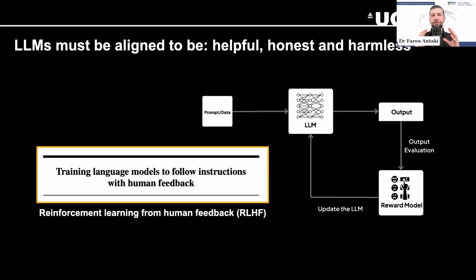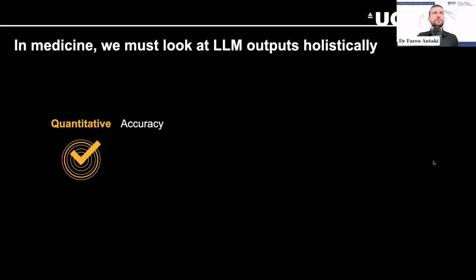Ideally, you want a group of humans that are diverse, that speak multiple languages, that have different levels of instruction. They evaluate those answers, and then you train a reward model to feed back into the LLM, and that loop is repeated until you're happy with the LLM outputs.